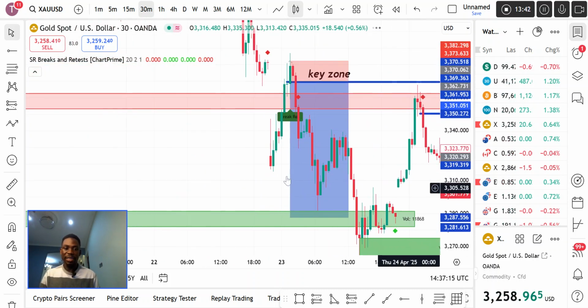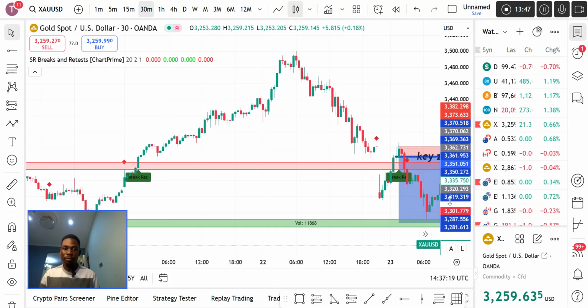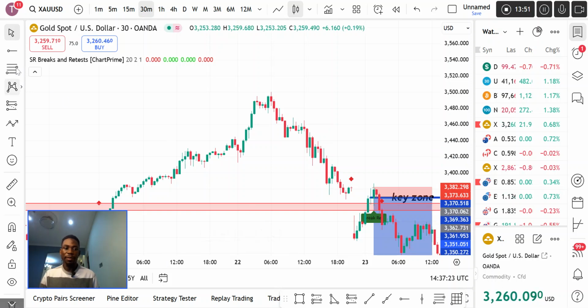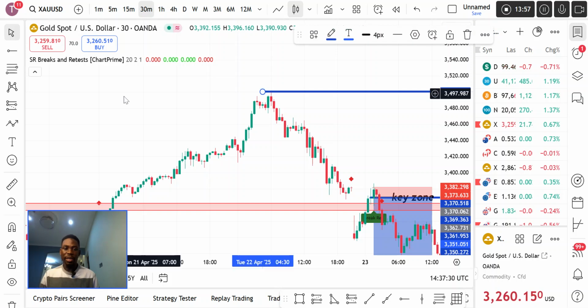All right, so let's go. Let me give you a last example then. So see over here, we have a resistance at the top here, right? And now what we are looking for is at the resistance areas, we are looking for a candle to break a previous one, forming an engulfing candle at a resistance zone.